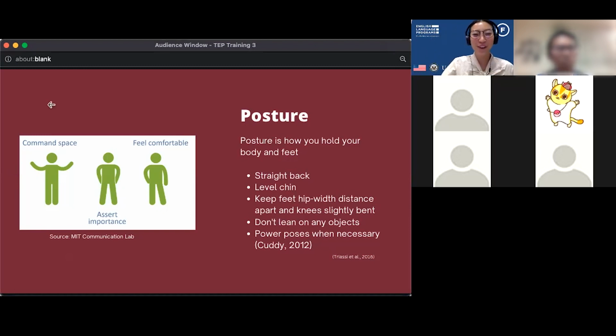So the first one, command space. This can be for a speech or a meeting or anything like that, right? Or a contest. But she notices that when people have their arms out like this, it helps to command the space, and it internally makes you feel more confident.